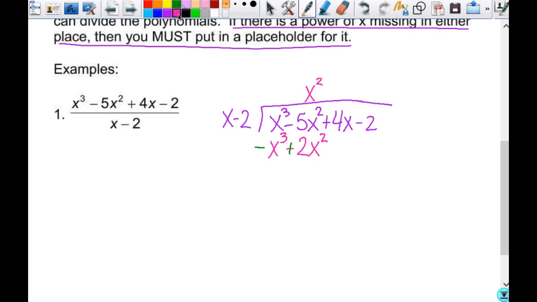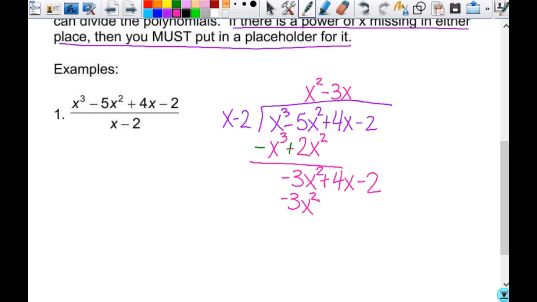So then when I do that, this is going to give me 0, and then this gives me negative 3x squared. Then I bring everything down, subtract and then bring down, right? So then x goes into negative 3x squared. How many times? Negative 3x. So then negative 3x times x is a negative 3x squared.